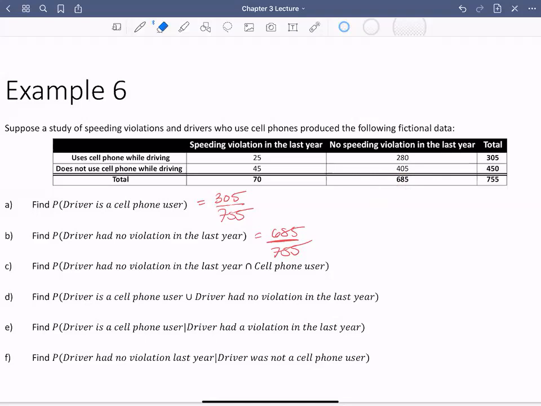All right, next it says, find the probability that a driver had no violations in the last year and was a cell phone user. You don't have to do a lot of multiplying or adding. You just look at the table. So they have to be a driver that had no violation last year, so we're looking at this column right here.